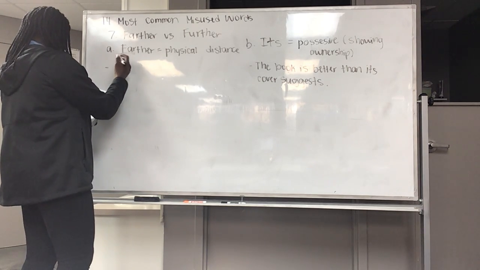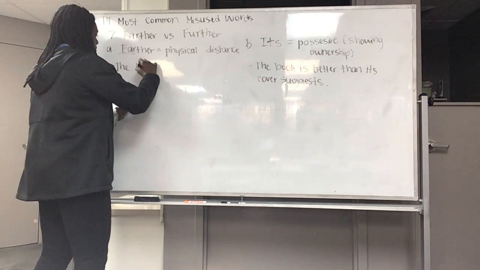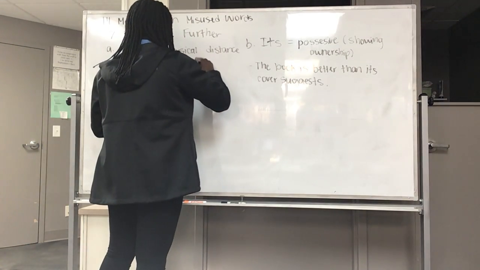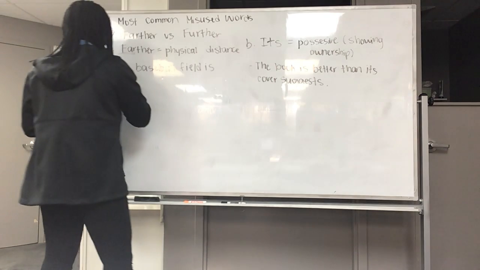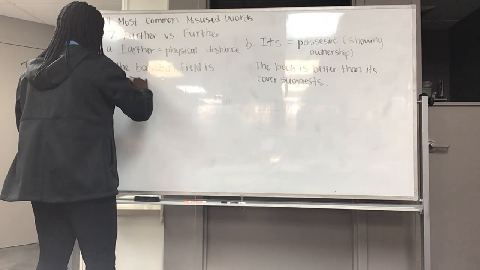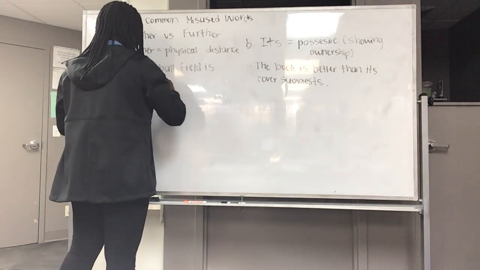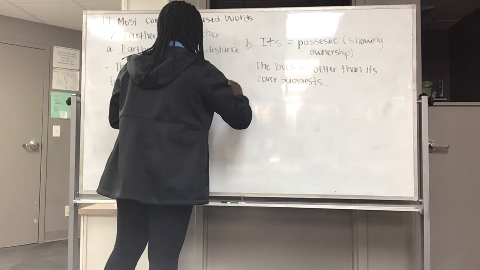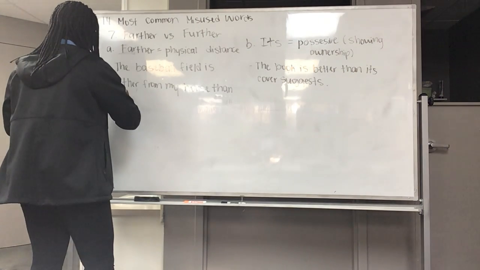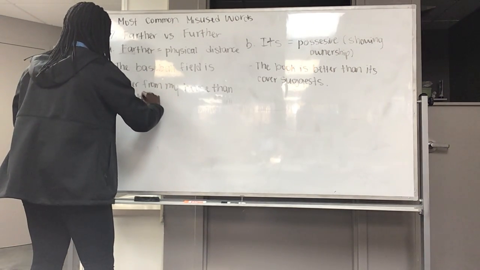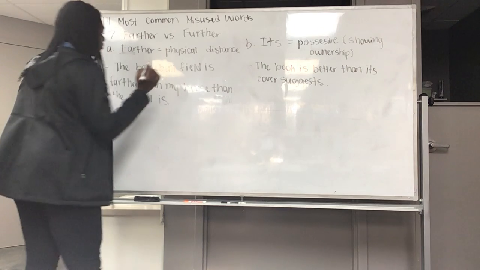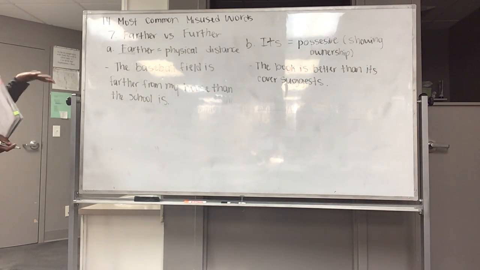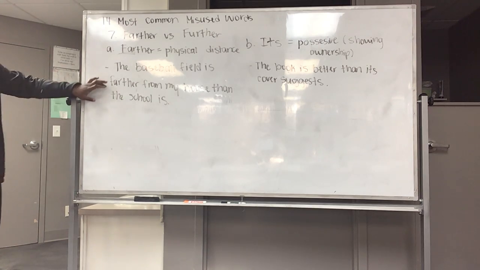And then I could say, the baseball field is farther from my house than the school is. Because there's a physical distance we're talking about, we're going to use farther.